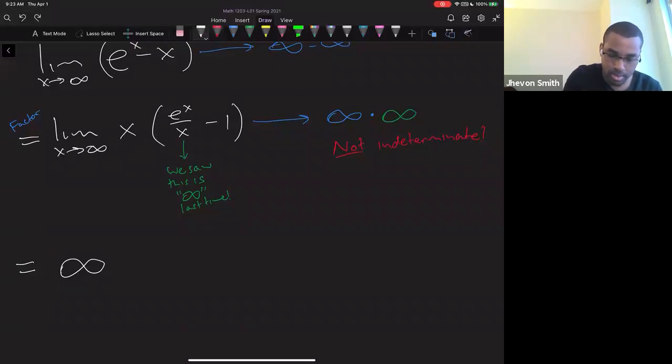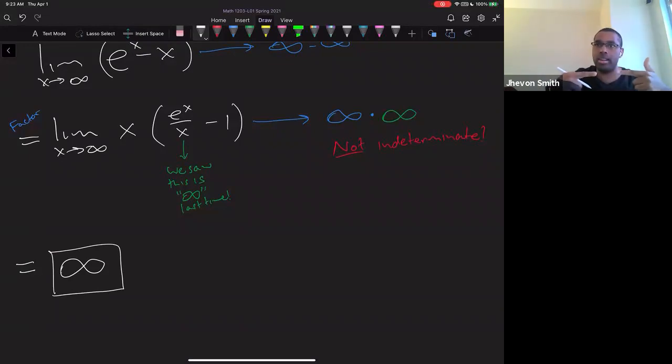Wait, so if you have 0 times infinity, wouldn't it just be 0 though? No, that's the point. That's what I'm saying, because 0 times anything should be 0, but infinity times anything should be infinity. There are two competing ideas there. You're not sure if the 0 is going to win or the infinity is going to win.